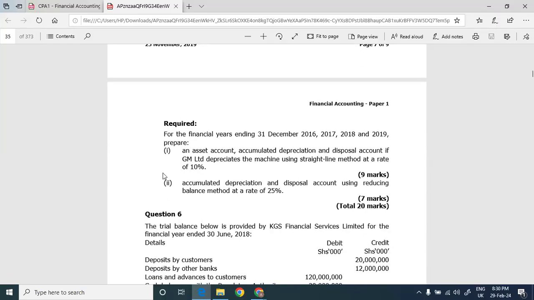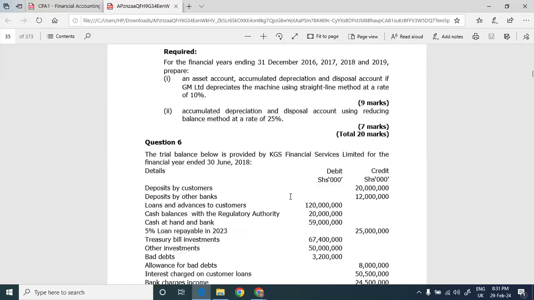So when you come down to the required, they are telling you to do an asset account, accumulated depreciation account, and disposal account if GM Limited depreciates the machine on a straight line using a rate of 10%. Then accumulated depreciation and disposal account using the reducing balance at 25%.